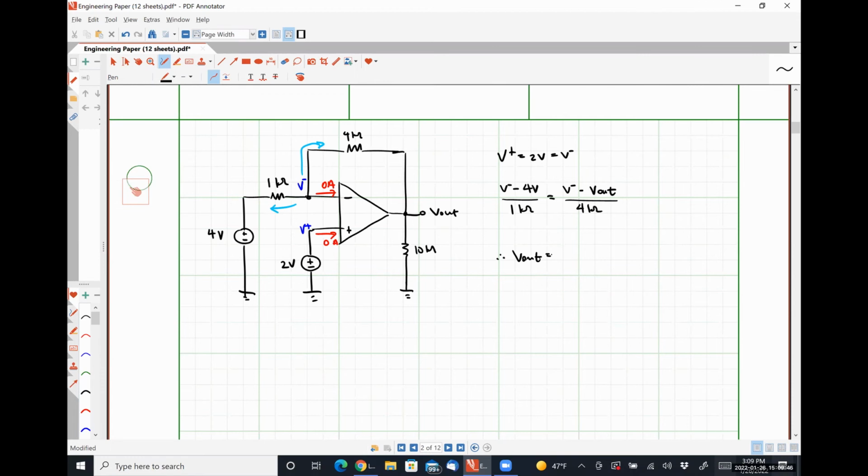So we're going to have 2 minus 4 over 1,000 is equal to 2 minus x over 4,000.